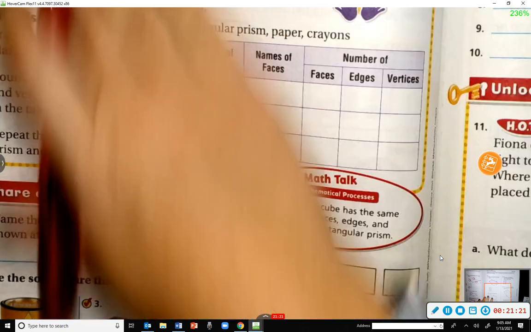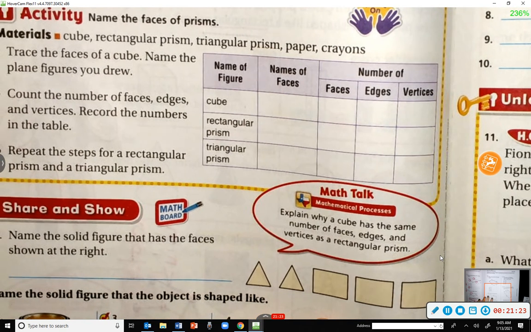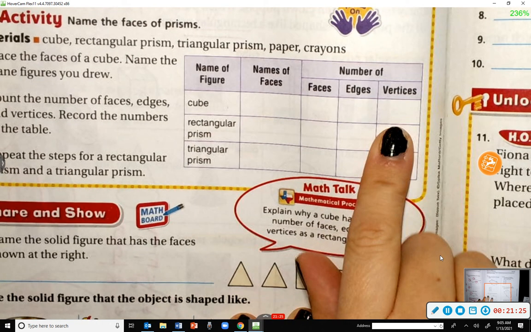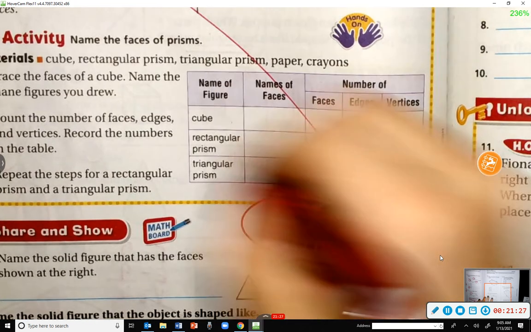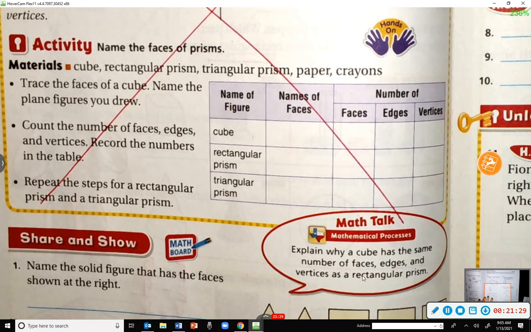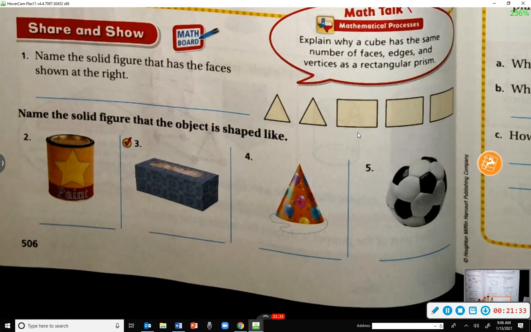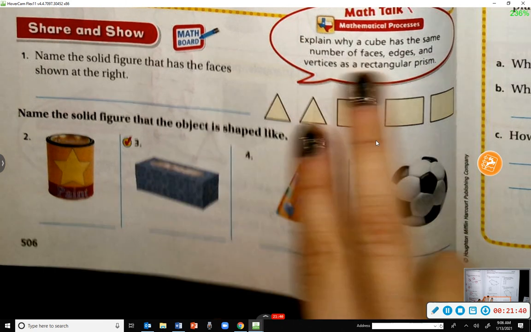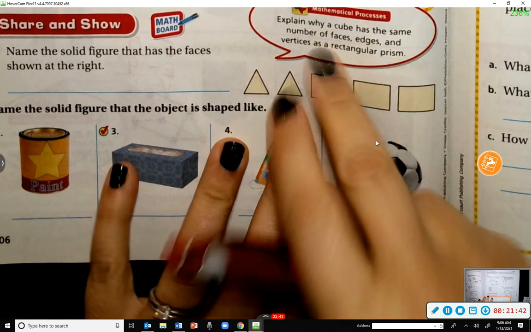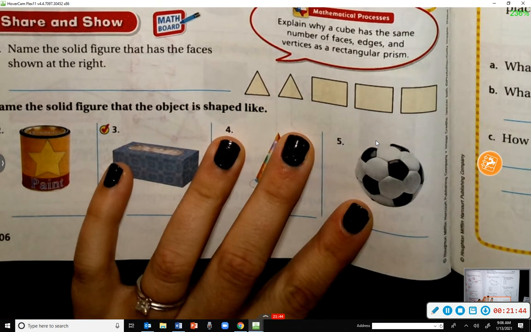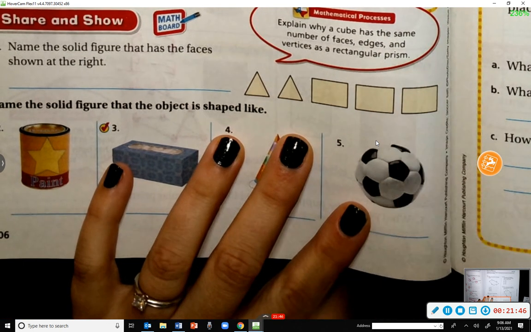And we've already talked about all of this. We've already done faces, edges, vertices, so we don't need to do any of this section. So let's go and look at number 1. Name the solid figure that has the faces shown at the right. What do you think? It has 2 triangles and 3 rectangles.